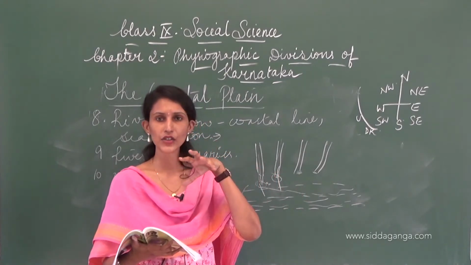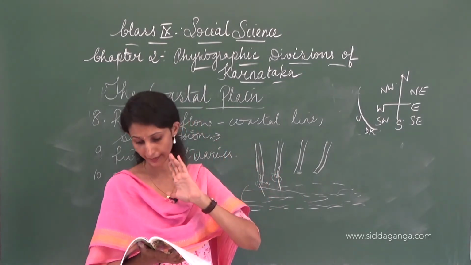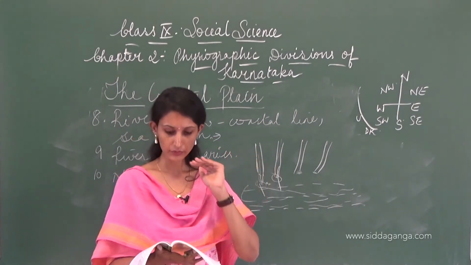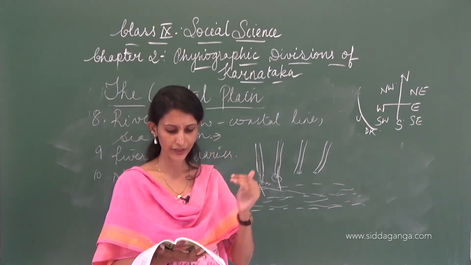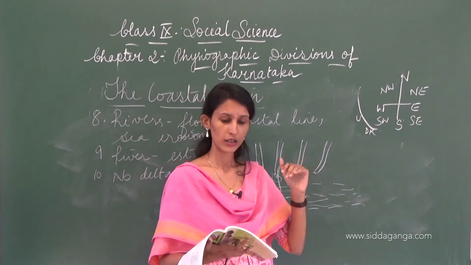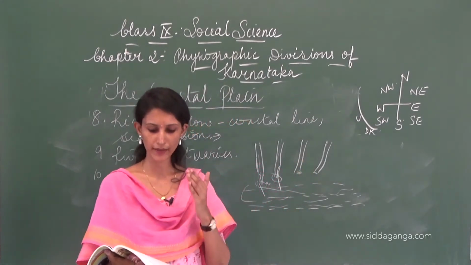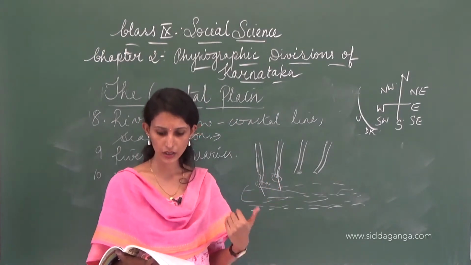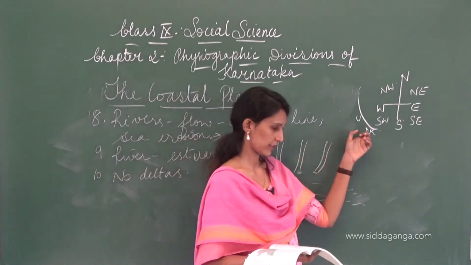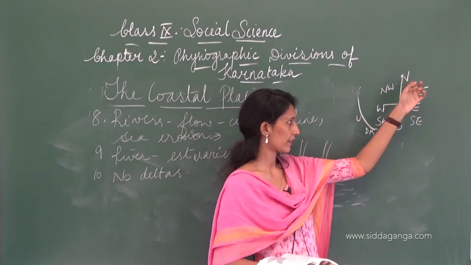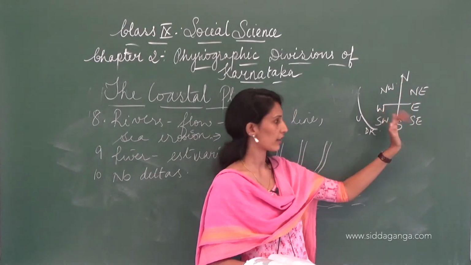Now this Malnad region is between the coastal plain and the Maidan region, okay, dry land. Understand the sea level and the divisions that have been made, that is the coastal plain, the Malnad region and the Maidan region. Coastal is this belt, Malnad is here, and this is the map of Karnataka.